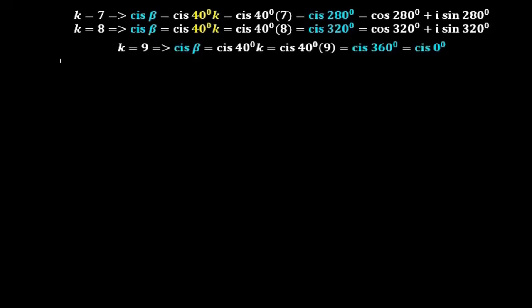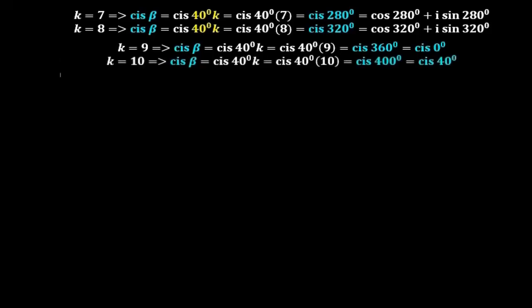Now if you want to know the rest, for example, k equals 9 gives you cis 40 times 9, which is cis 360 degrees, which is the same as cis 0 degrees. They are coterminal. For k equals 10, cis 40 times 10 is cis 400 degrees, and that is equal to cis 40 degrees.